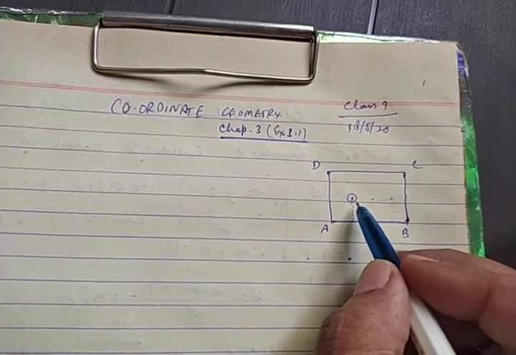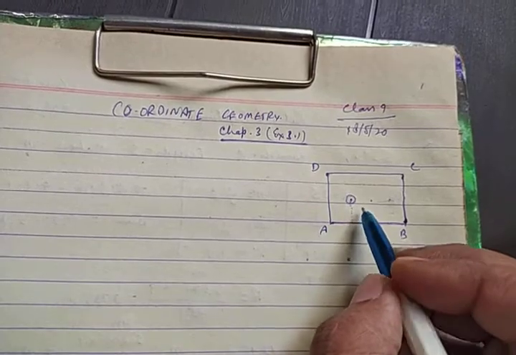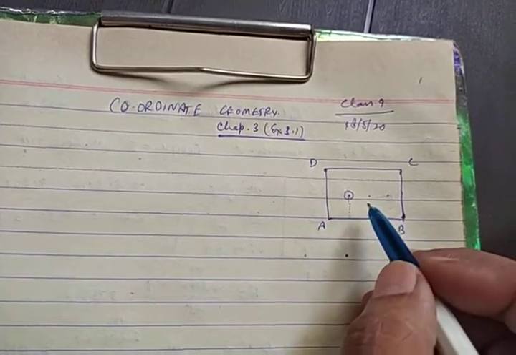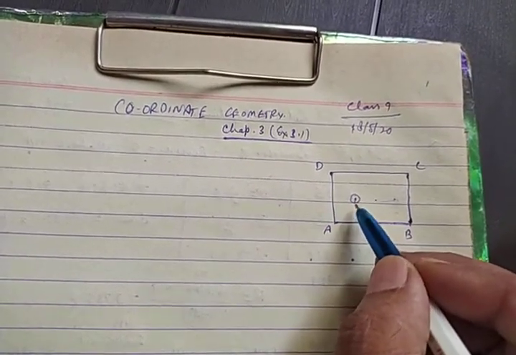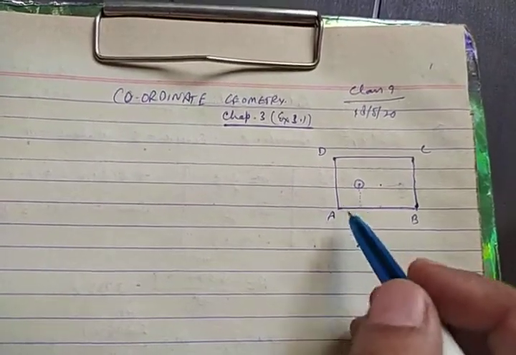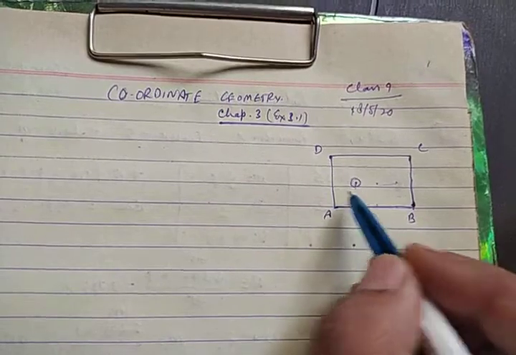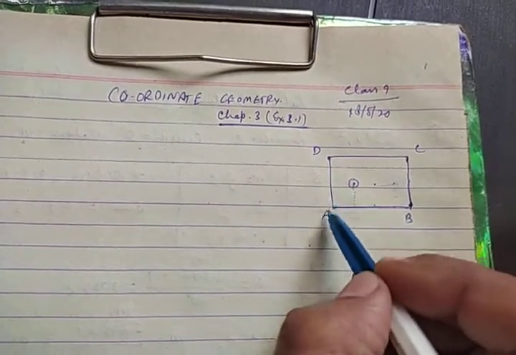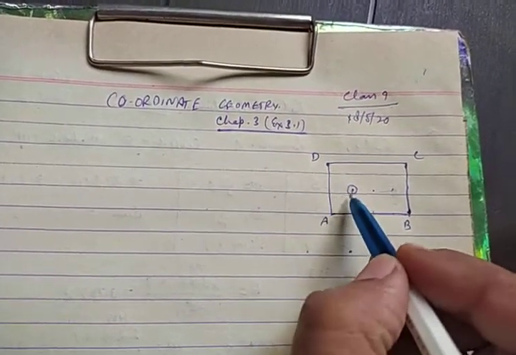If you want to fix the position, you will have to take another measurement, that is, the second measurement with respect to wall AD.